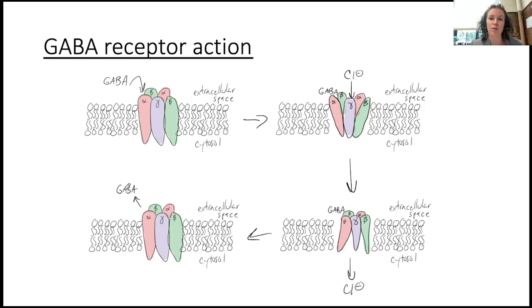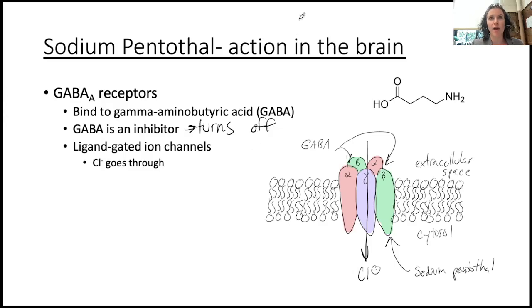So that's how this works. And this receptor, recall, on the previous slide, I said acts as an inhibitor. So this GABA binding and allowing chloride through is turning something off. What exactly is being turned off?